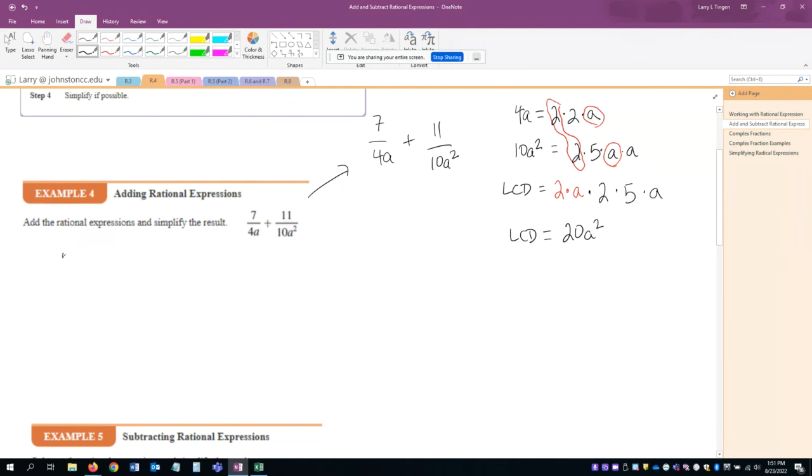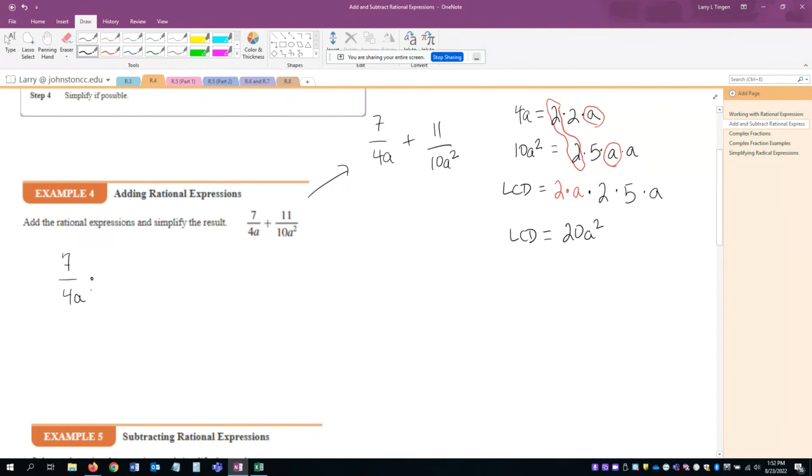So how am I going to do that? Well, I told you last time that yes, I need to get them to the same denominator. And I told you that one trick in math that you always see is find a clever way to add 0. For this, I need a clever way to multiply by 1, right?